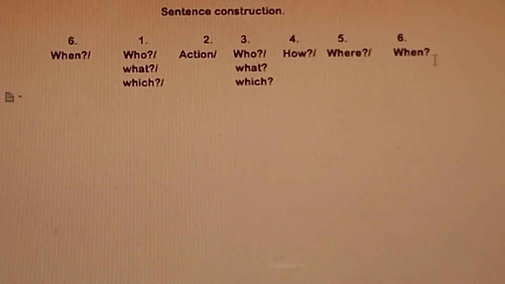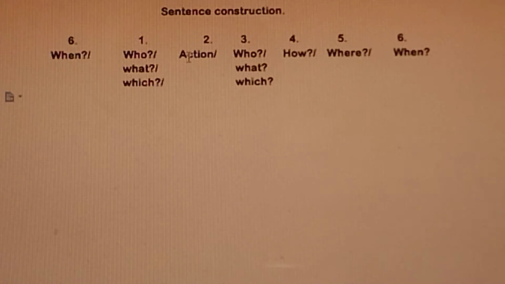Very good. The next one is number 1 here, who, what, and which. Who did that thing? What did that thing? Which did that thing? If you ask yourself these questions, then you know that should be the next item in your sentence.